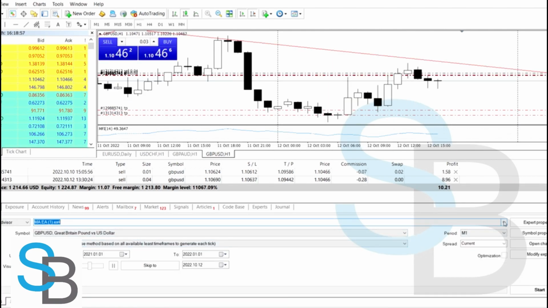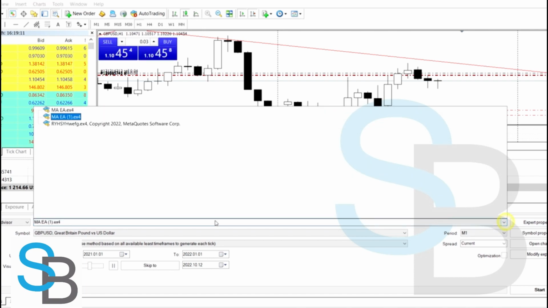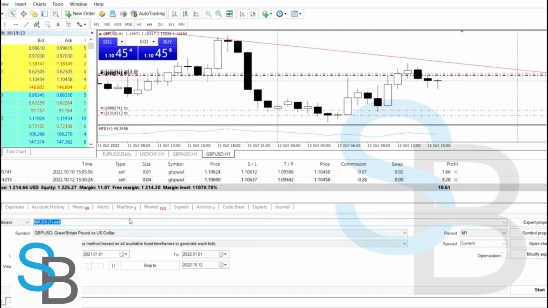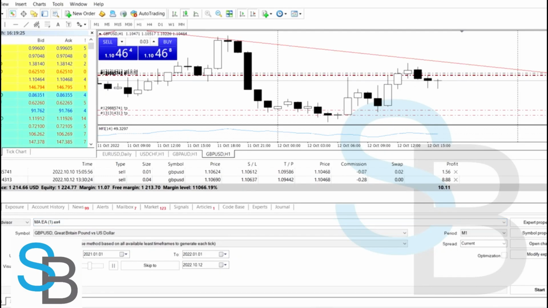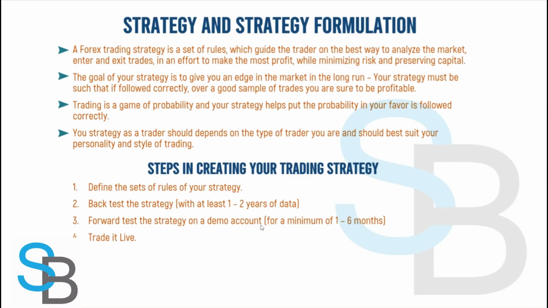So let's say you were able to get a programmer to create your strategy, or you took my course on strategy automation using FXDreamer and are able to create a strategy. So you can load the strategy here and basically test it, and you can visually see how it will take trades. Okay, so that's another way of backtesting your strategy. That's using the MT4 and MT5 strategy testers.